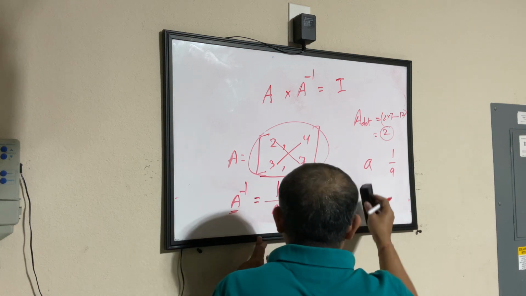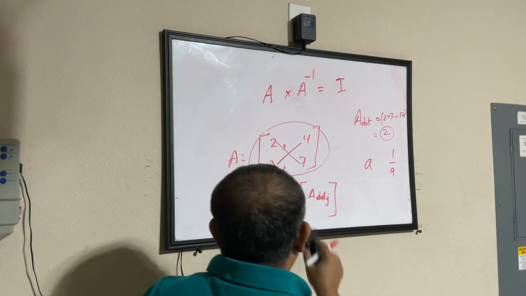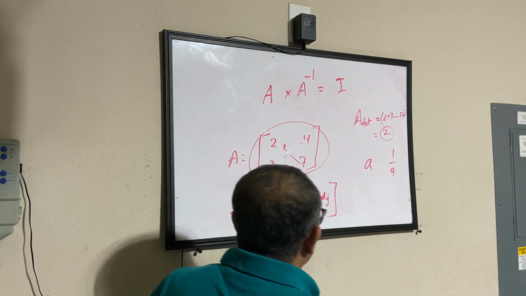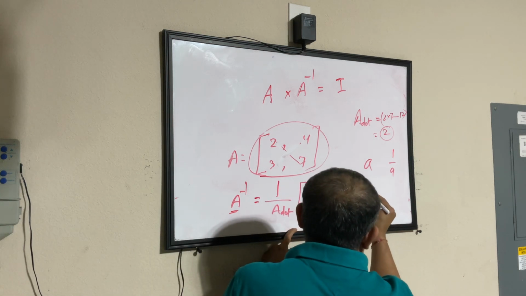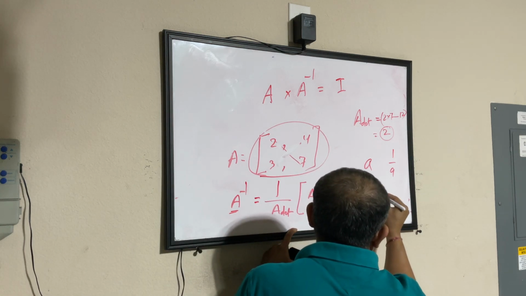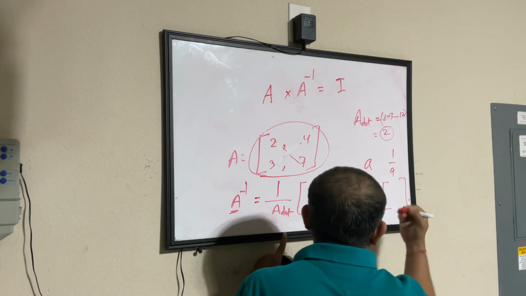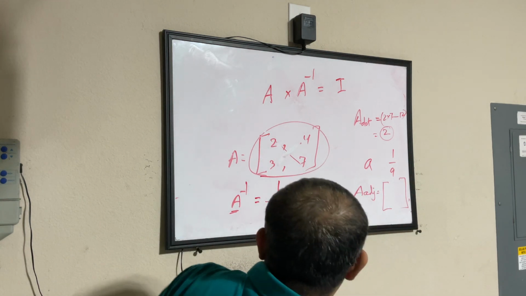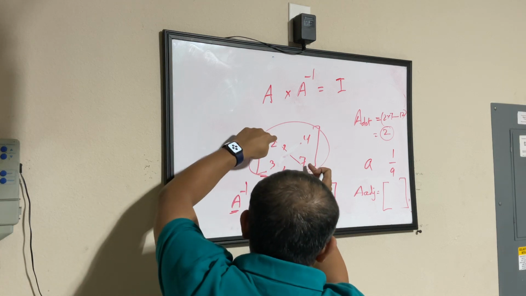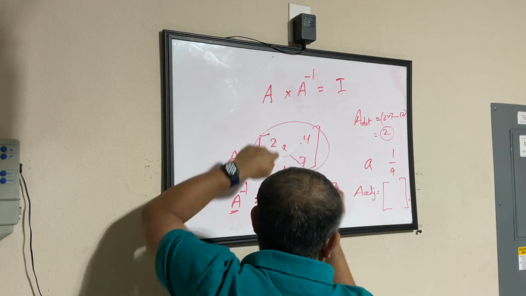And what is adjoint? Adjoint of a matrix is again a matrix of the same dimension, and what happens is these two get swapped. 2 and 7 get swapped.